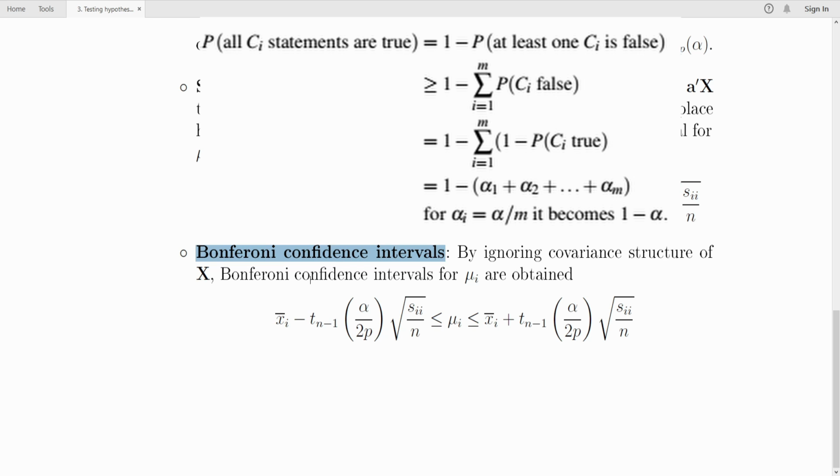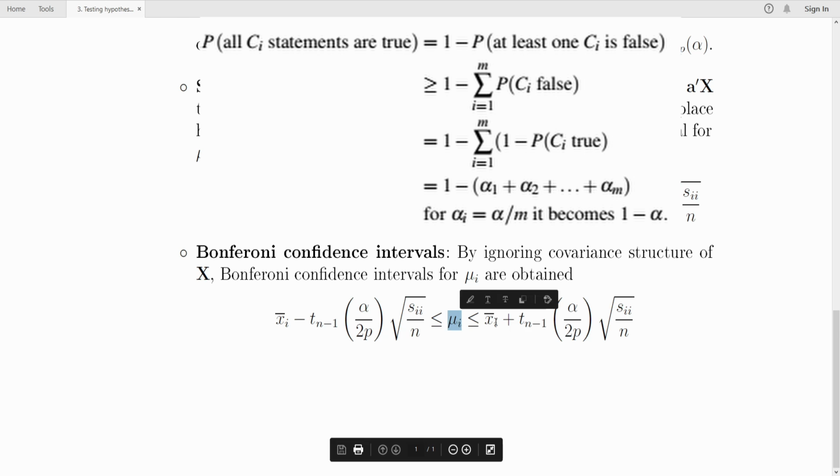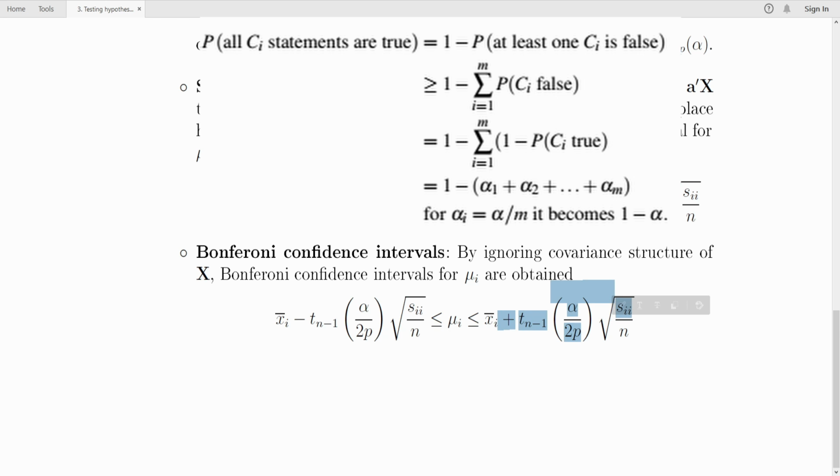So the probability that all those statements are true will be greater than or equal to 1 minus alpha, which is again a simultaneous confidence interval. All these intervals will have simultaneous probability of at least 1 minus alpha, so the overall confidence level is greater than 1 minus alpha by choosing these confidence intervals.